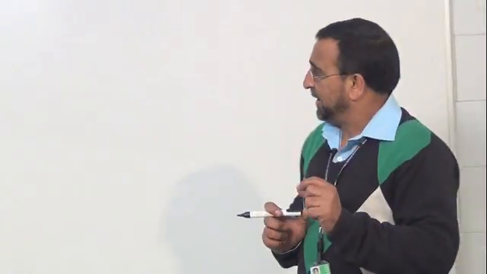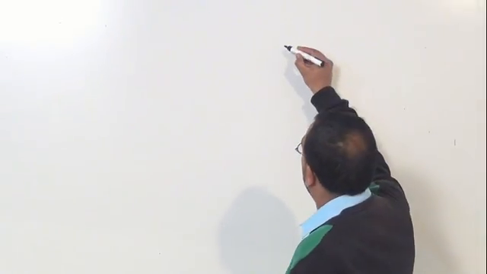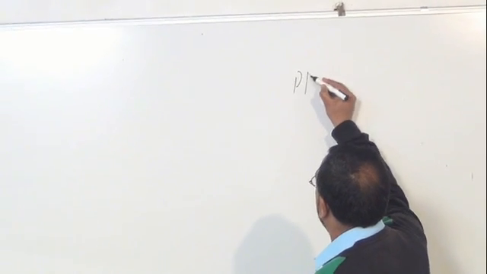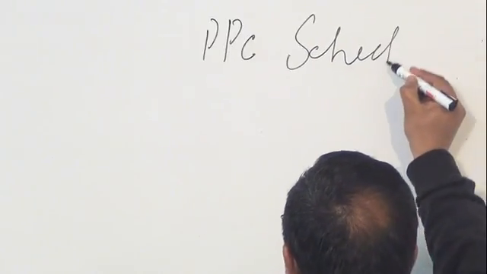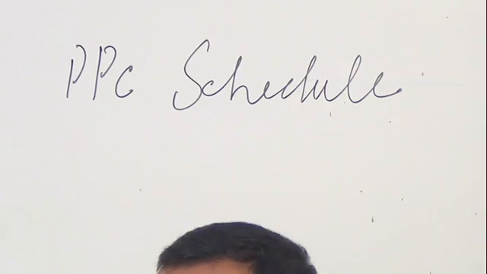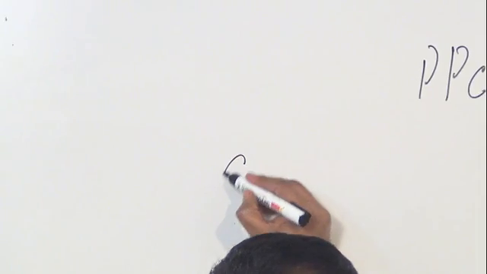Now first, recall your previous lecture, where we were talking about the production possibility curve. I will give you one more schedule, the production possibility curve schedule table, so that you may understand things properly. First it is combinations.